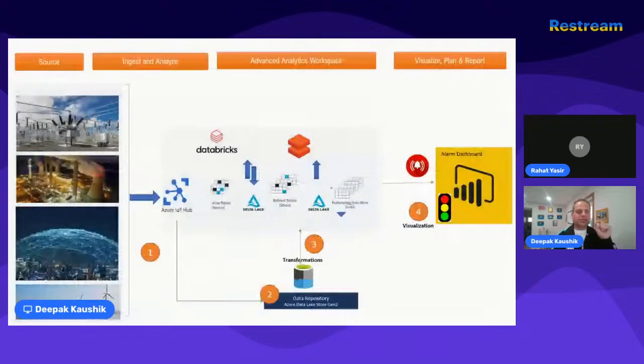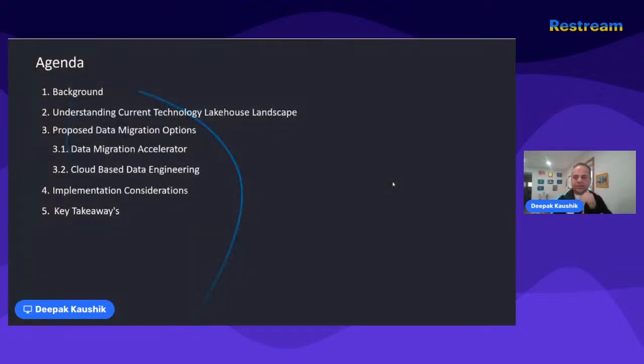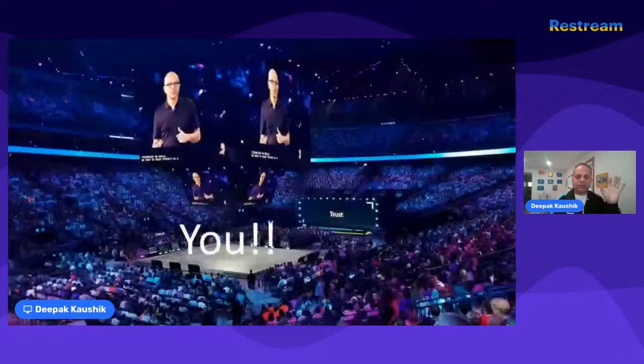We will cover each and every aspect, or maybe this slide where we have streaming data and why we leverage the architecture. The piggy bank is that you will understand the current technology landscape, what migration option you have to use, and how you could accelerate that. Key takeaways would be about adhering to the Azure Well-Architected Framework.